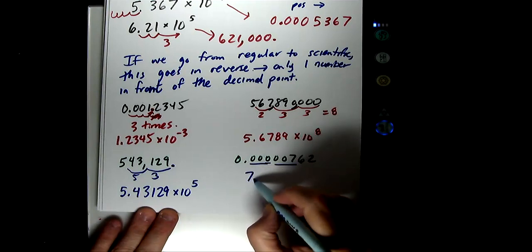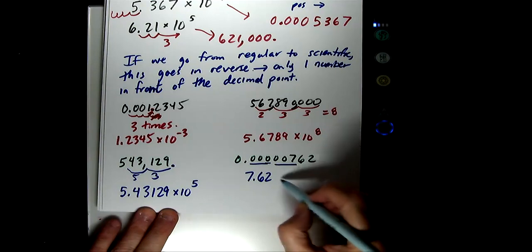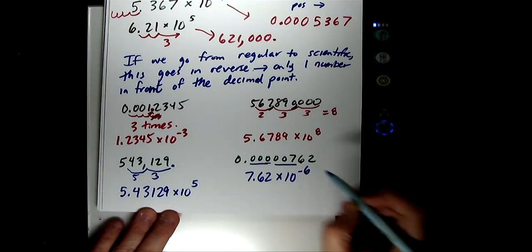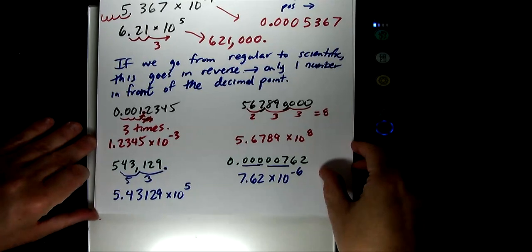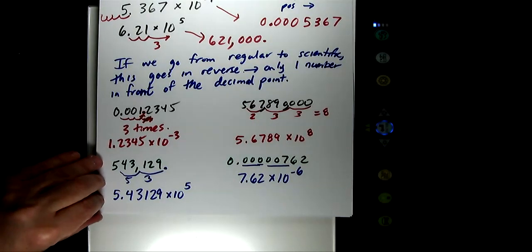So I'll end up with a 7.62. 3 and 3 is 6, and it's a small number, so it'll be times 10 to the negative 6. If you don't have a decimal point, put one at the right side.